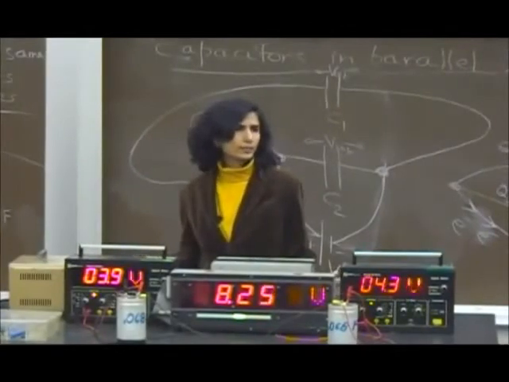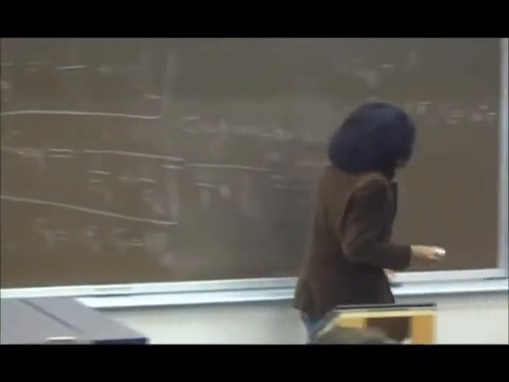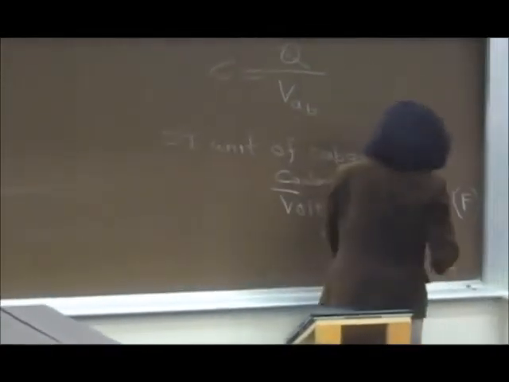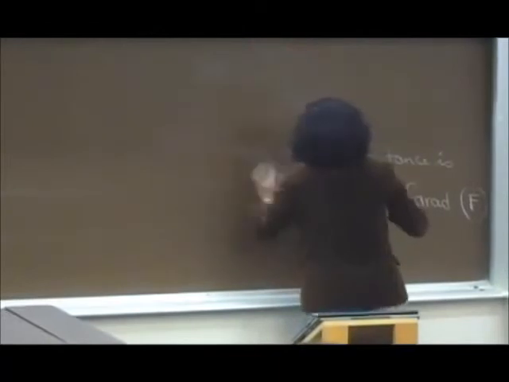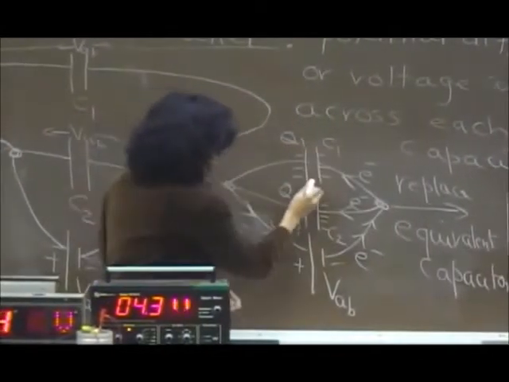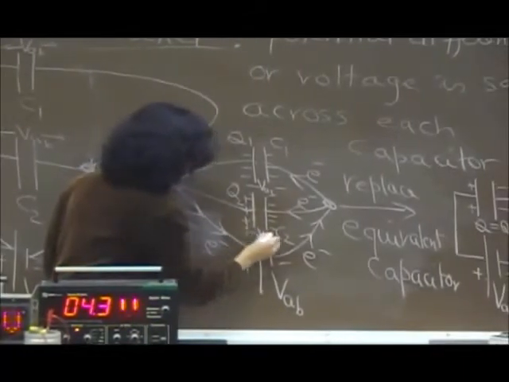Is the goal clear? Okay, how can we do it? It's again, we should be able to do it because... tell me what should be the relationship. Who wants to tell me the relationship between Q1, C1, and if we are saying this has to be VAB, this has to be VAB.